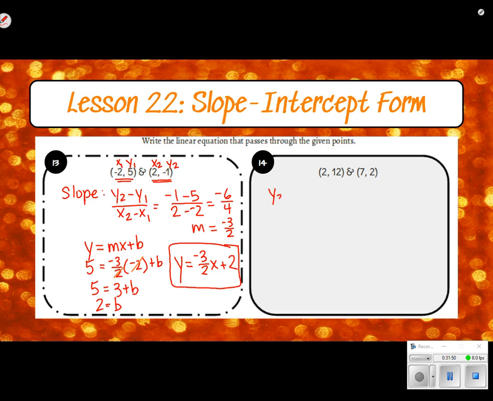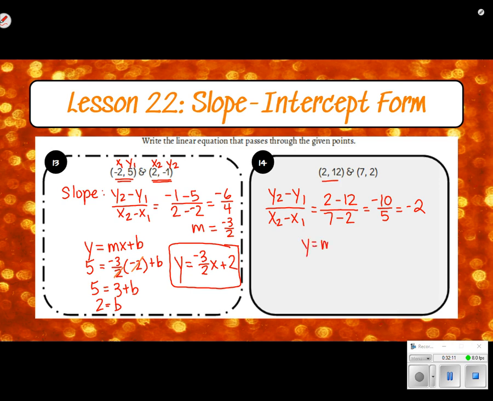So y2 minus y1 over x2 minus x1. Gotta start with slope. So we're going to have 2 minus 12 over 7 minus 2, and negative 10 over 5, which is negative 2. It doesn't matter which point, I'm going to use this one.